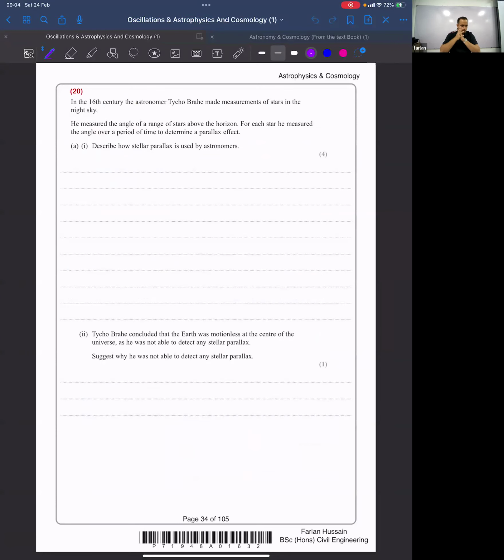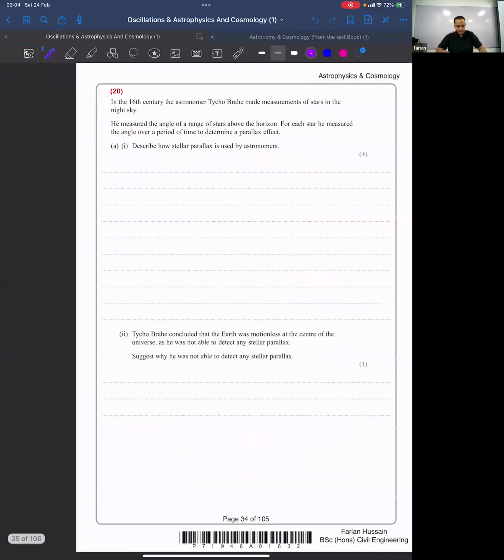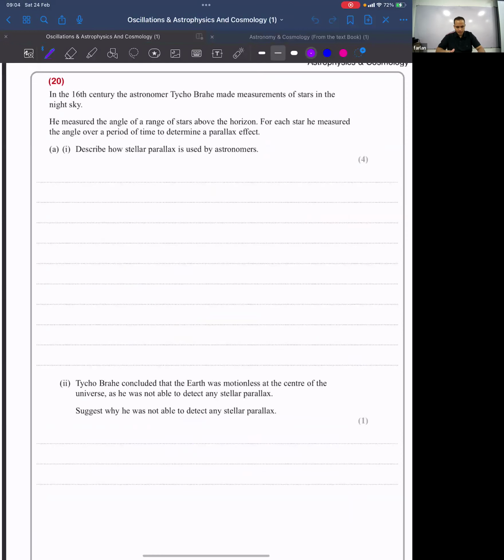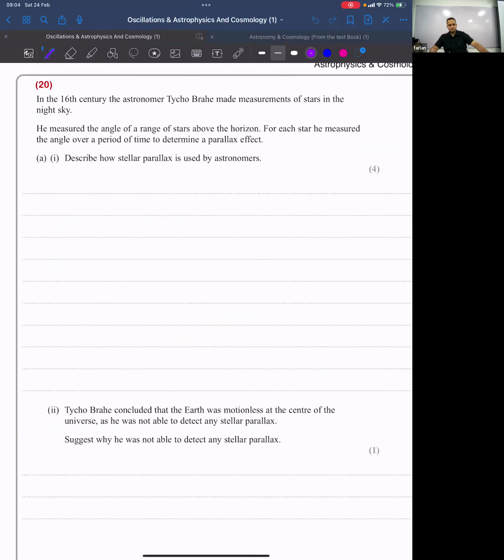In the 16th century, the astronomer Tycho Brahe made measurements of stars in the night sky. He measured the angle of a range of stars above the horizon. For each star, he measured the angle over a period of time to determine the parallax effect. Describe how stellar parallax is used by astronomers.